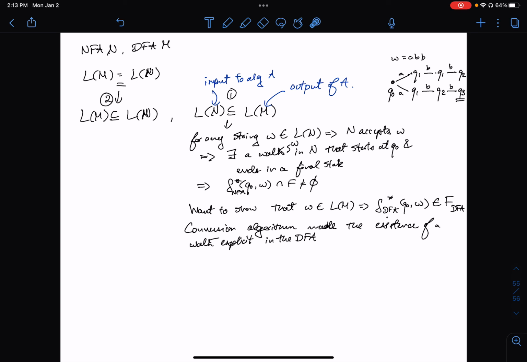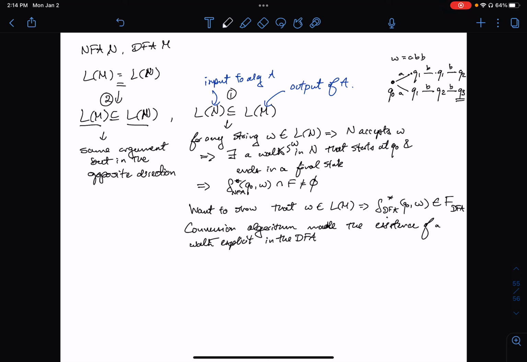And so that's the general idea behind the correctness argument, okay? The same would hold, it would be the same type of argument, the same kind of logic, just arguing in the reverse direction, when starting from L of M and going to L of N, right? So this would be the same kind of argument, but in the opposite direction.